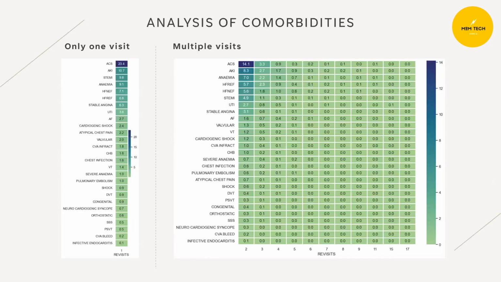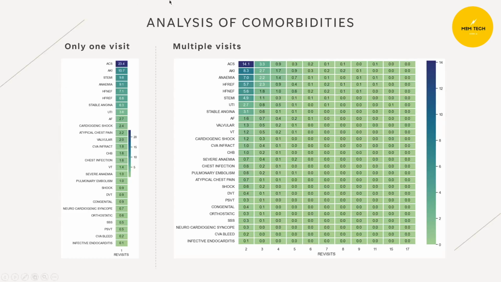And on this slide I tried to explore a little bit of the comorbidities of patients that presented only one visit and patients with multiple visits, to try and understand if there was any indication that a potential comorbidity could show more potential for revisits.